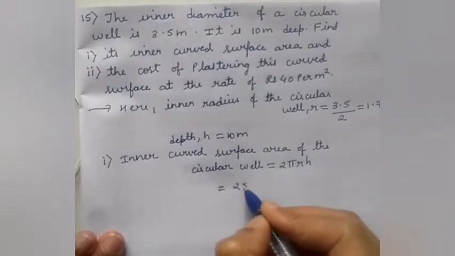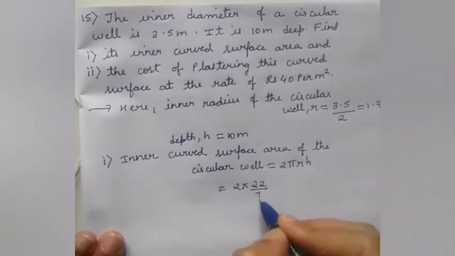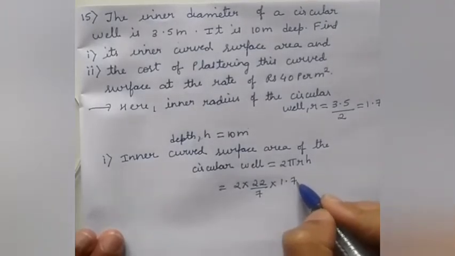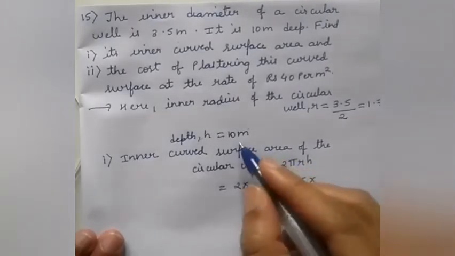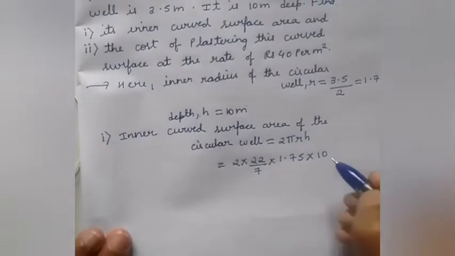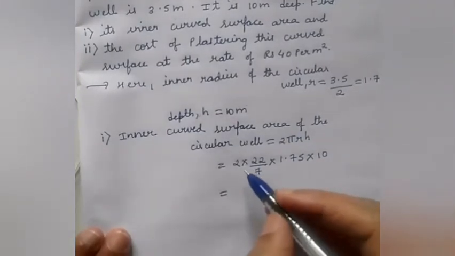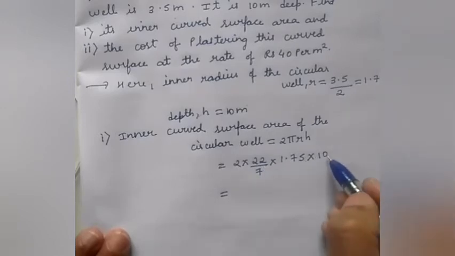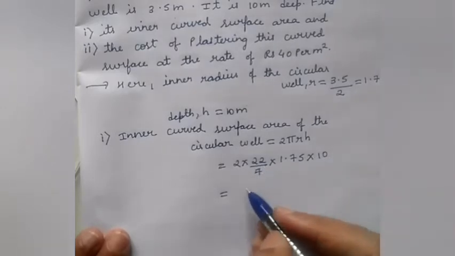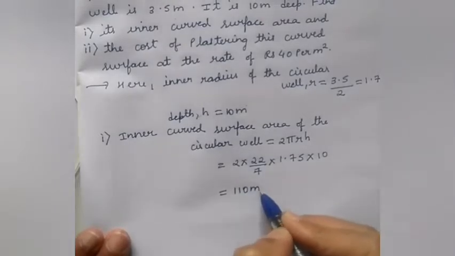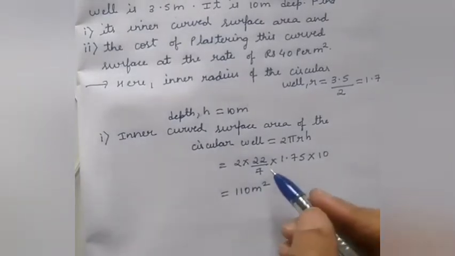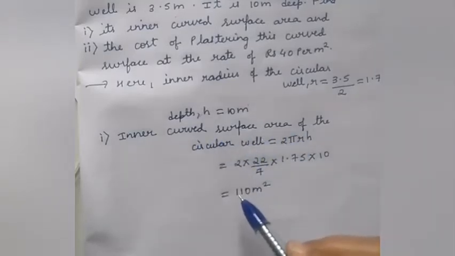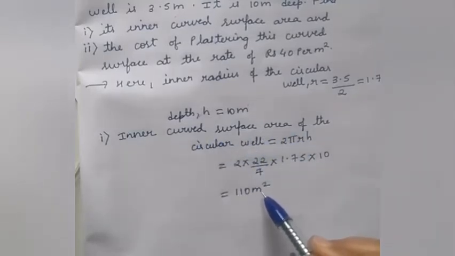That is 2 into pi is 22 divided by 7 into R we have got, it is equal to 1.75, into h, it is given, that is equal to 10. So if we simplify it, if we multiply 2 into 22 into 1.75 into 10 and divide it by 7, it is equal to 110 meter square. So we have got the inner curved surface area of the circular well is equal to 110 meter square.